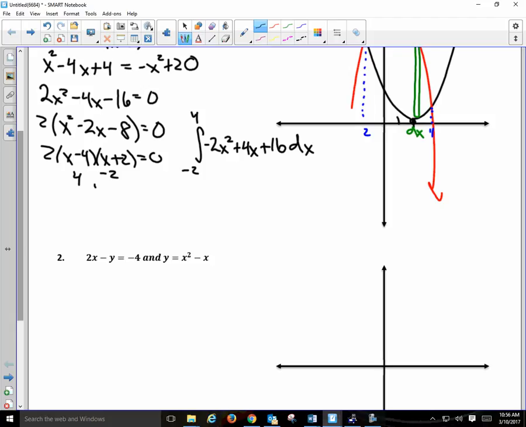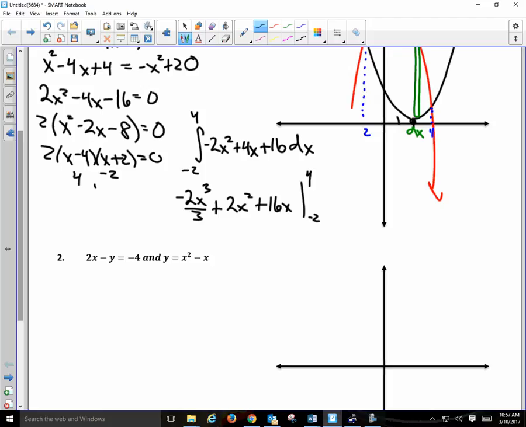What is the antiderivative of negative 2x squared plus 4x plus 16? So negative 2x cubed over 3 plus 2x squared plus 16x, evaluated at 4 and at negative 2. I type in 4.